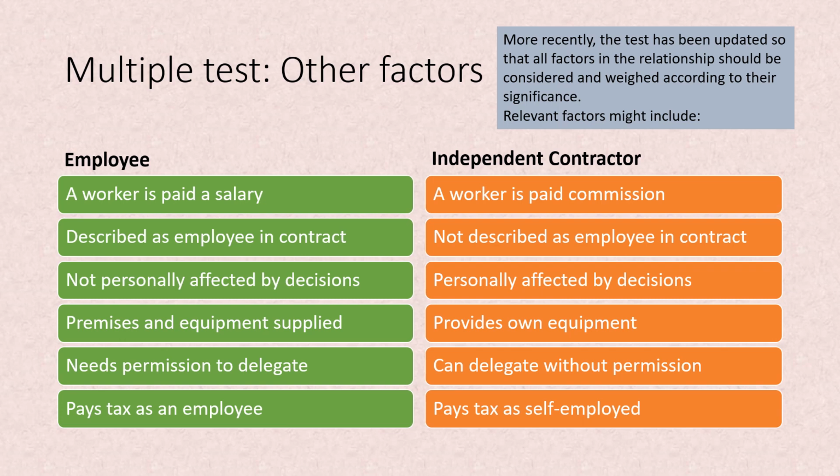So there's no sort of shortcut here. You just need to find the factors. Which of those factors are more likely to make them an employee, which are more likely to make them an independent contractor, and weigh them up according to their significance. These are just examples of relevant factors, not an exhaustive list.